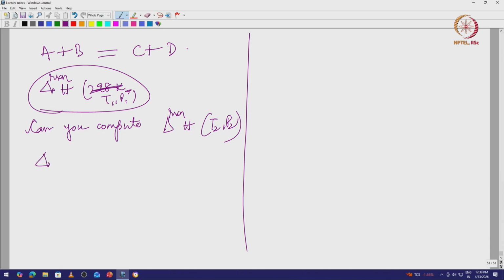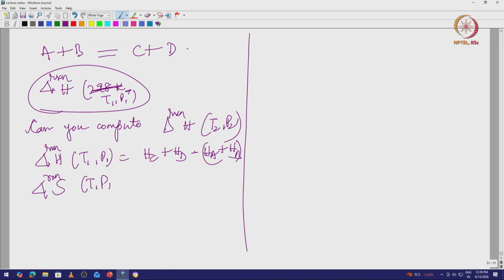Now what is delta H reaction at T1 P1? That is Hc plus Hd, right, at those temperatures and pressures, right. So if it is standard, at 1 atmosphere, then it becomes H naught, right, minus Ha plus Hb. Right. So that is what is called the delta H of reaction, right. So we are now formally defining it. What is delta S reaction at T1 P1? Exactly the same thing.